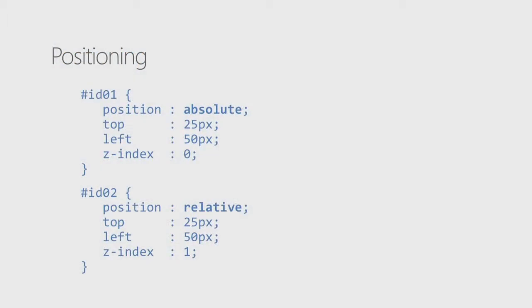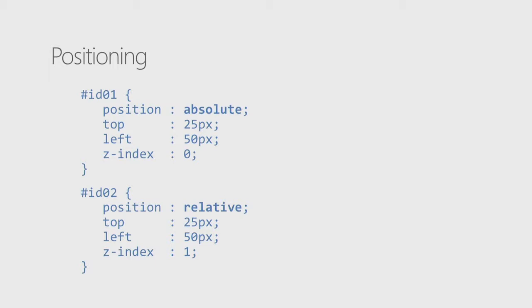Let's take a look at a little code sample on positioning. The very first item here is referencing the ID of an element. We learned in the last module that if we see that hash sign, it means we're identifying something.